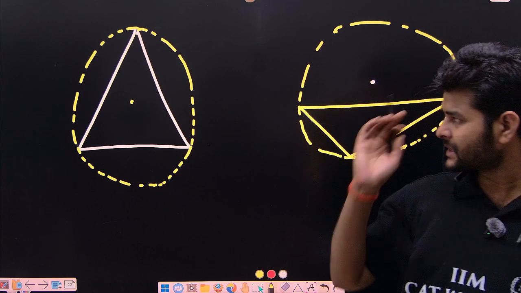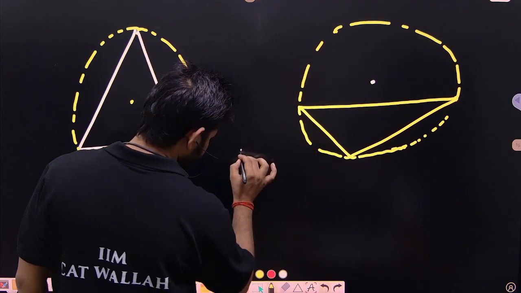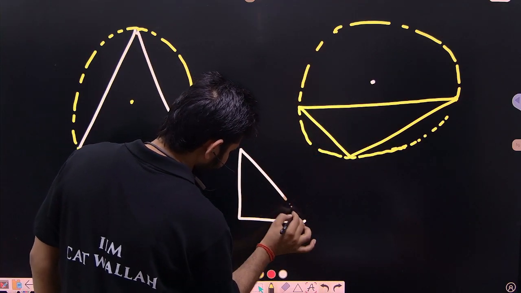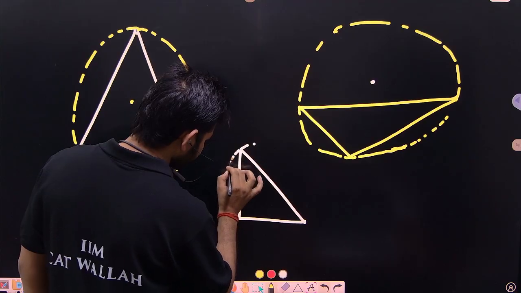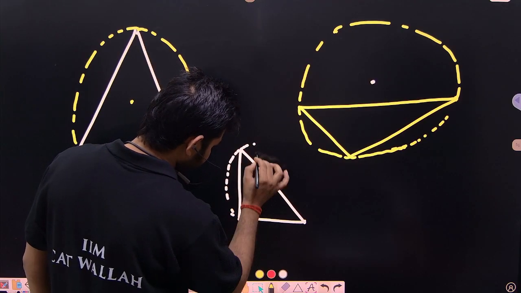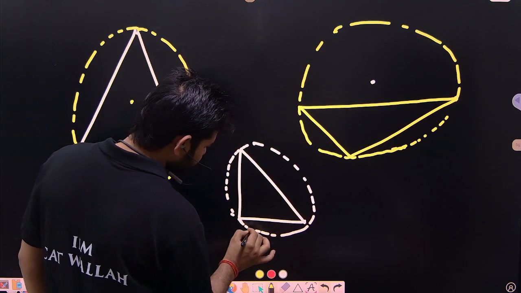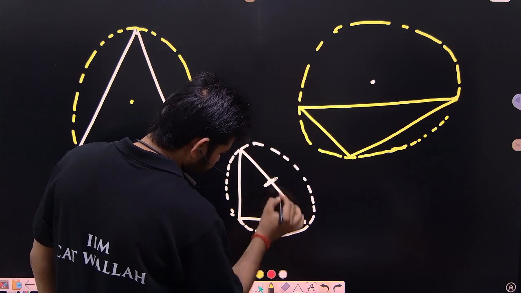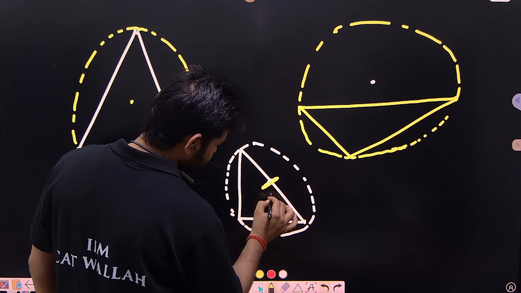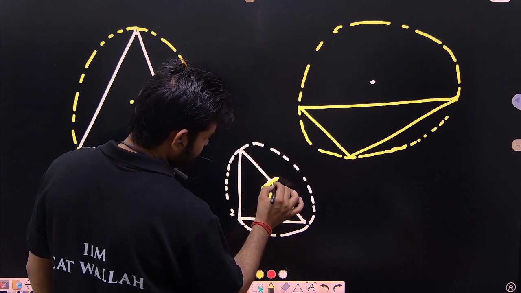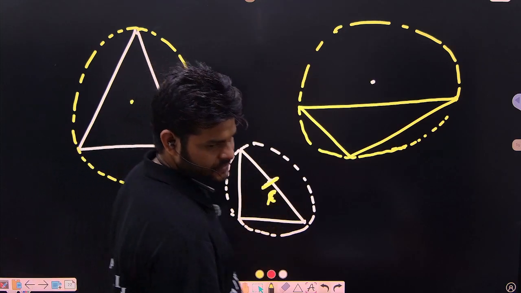And in the third and last case, if it is a right angle triangle, then the circumcenter must be at the midpoint of the hypotenuse. See, at the mid of the hypotenuse.